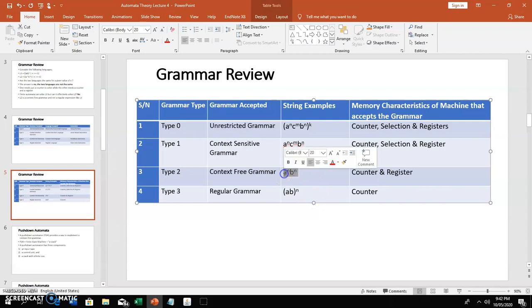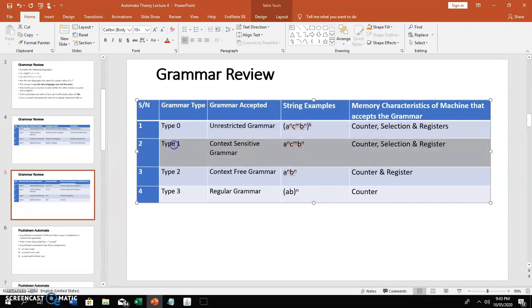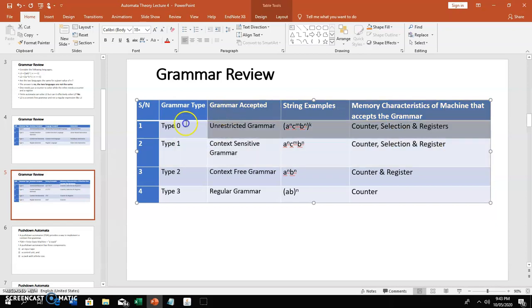This is what I was trying to show you in the example, where I told you that you need a counter and a register. For some higher grammar, like the context-free grammar, you need something higher to solve them. Of course, you need the linearly bounded automaton to solve this, and you will need the Turing machine to solve this, which is the type 0 unrestricted grammar.